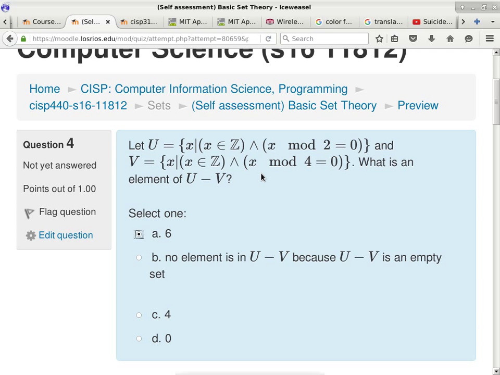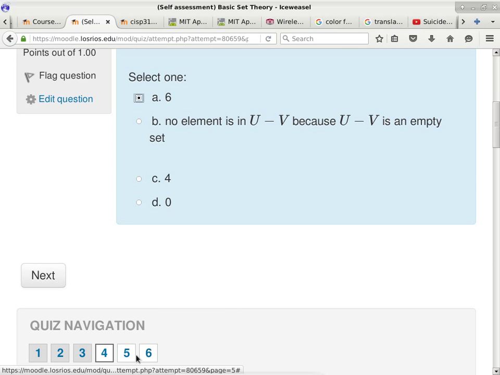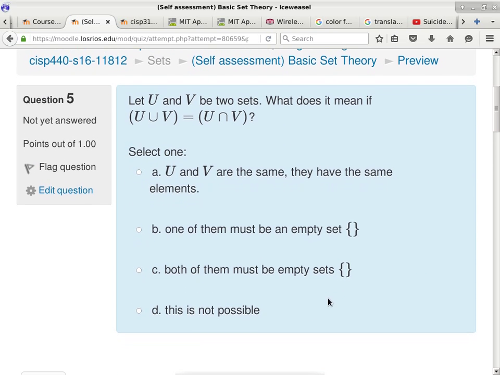Are there any questions about this? All right, let's move on to the next one. Okay, U and V are two sets, and this time I don't even tell you what the elements of these two sets are. What does it mean if U union V is the same as U intersect V?